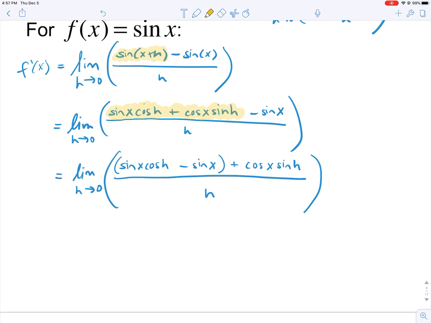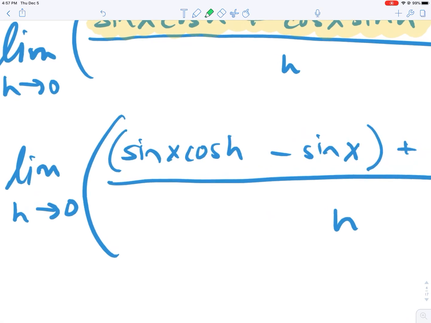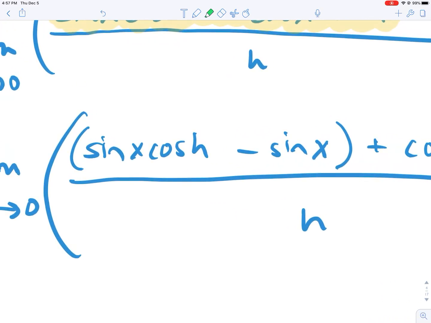And notice that in sine of x times cosine of h minus sine of x, we have a common factor of sine of x.